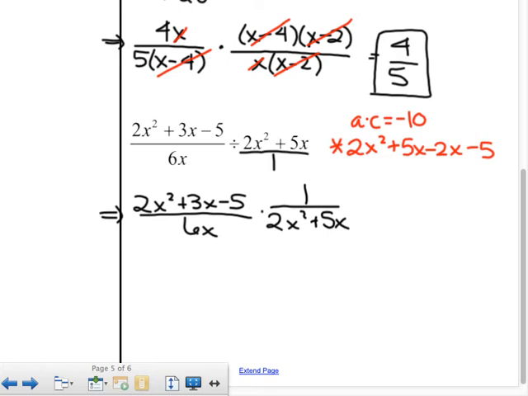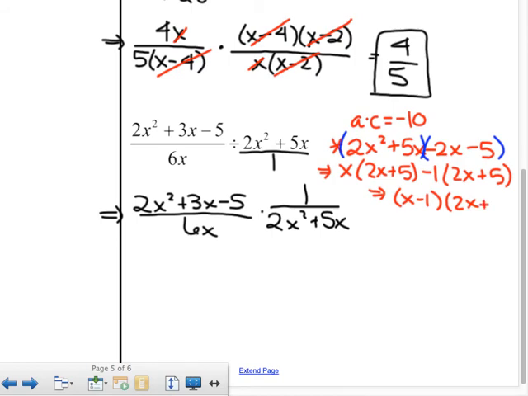Whenever you have 4 terms, you factor by grouping and pull out the common factor. So I'm going to pull out an x here, pull out a -1. So your 2 factors are x minus 1 and 2x plus 5.